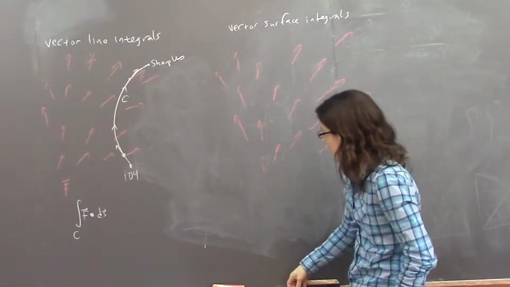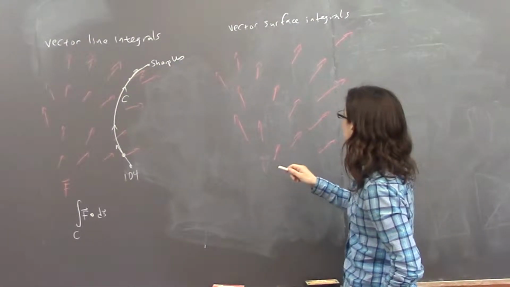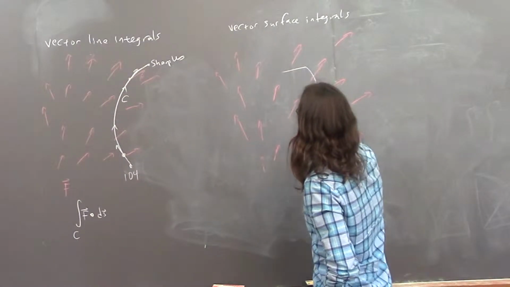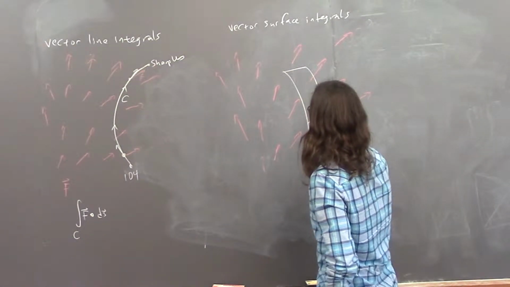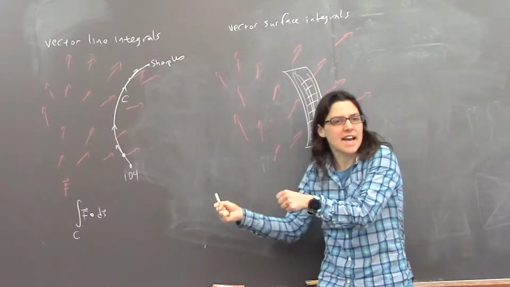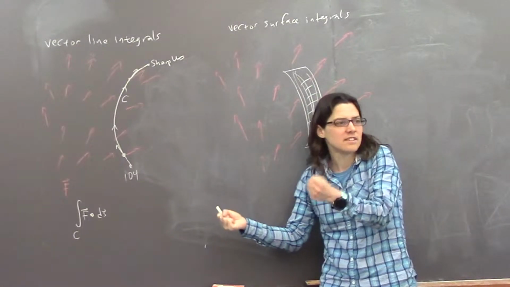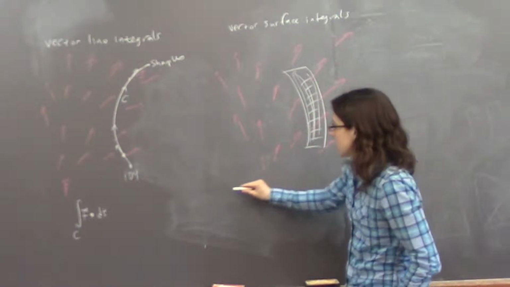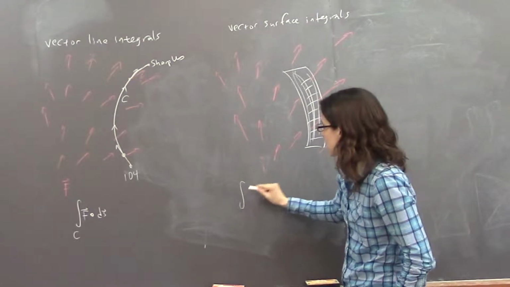So you imagine that this is a stream. This is our F. And then we put some kind of net in our stream. So how shall our net go? Maybe our net is something like this. You'll have to use your imagination to imagine that this is a 3-dimensional net. But now I've put a net into my stream and I want to catch minnows or microplastics or something. So that was a vector line integral. This is a vector surface integral.